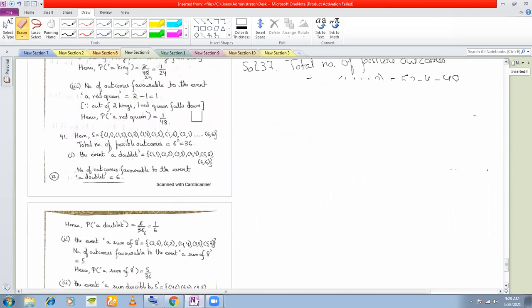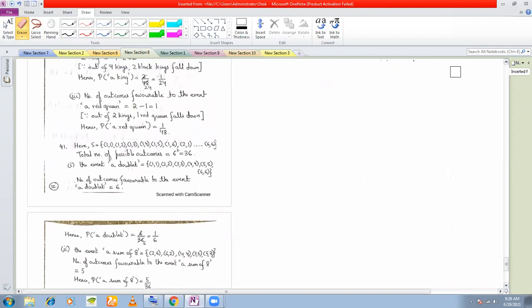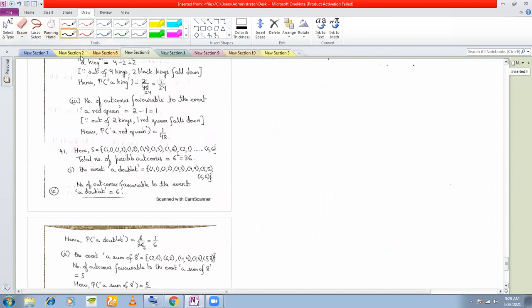Okay, now we'll start with the next question. We'll complete this next question in the next class. The next question here is number 41 according to my book. 2 different dice are thrown at the same time.